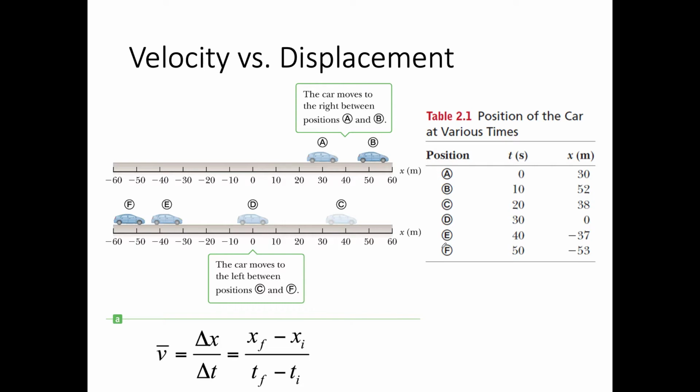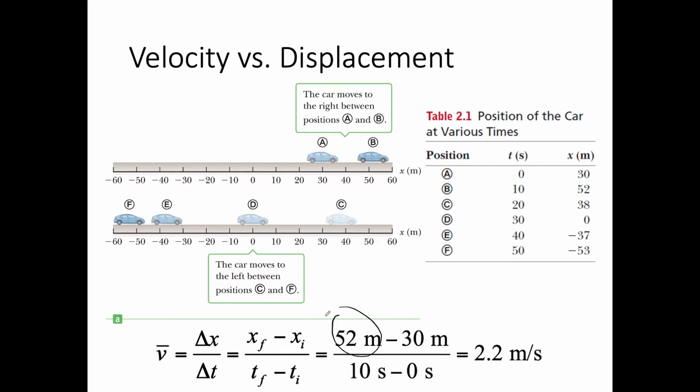So we can try to calculate the velocity of the object moving from A to B. The displacement is the final position subtract the initial position, and the time it takes is 10. So the average velocity from A to B is 2.2 meters per second.